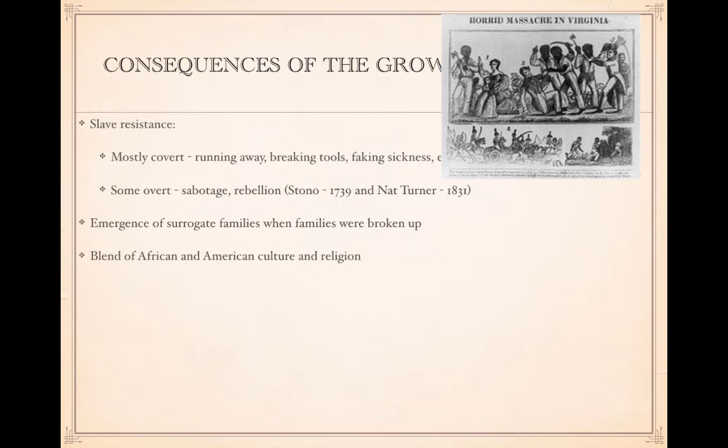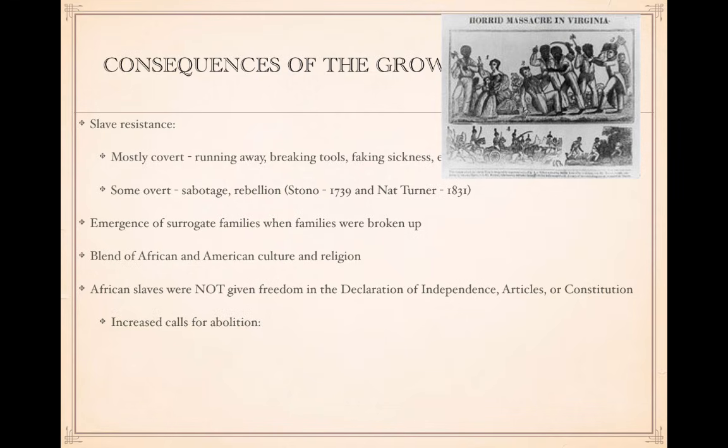Also, there's a blend of African and American culture and religions, and African slaves were not given their freedom in the Declaration of Independence, under the Articles of Confederation, or the Constitution. So even though this revolution was fought, slaves did not benefit from it and receive their independence. So there is over time increased calls for abolition.